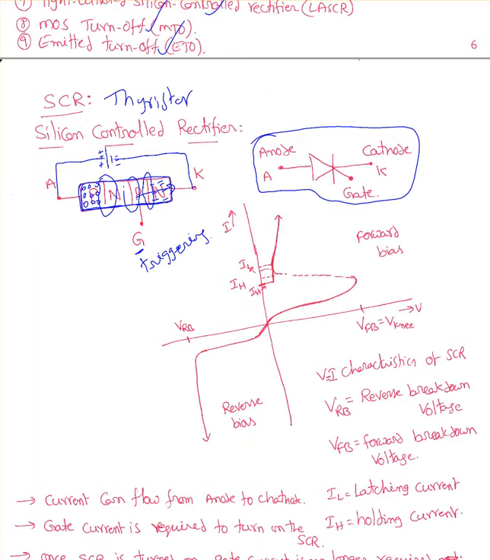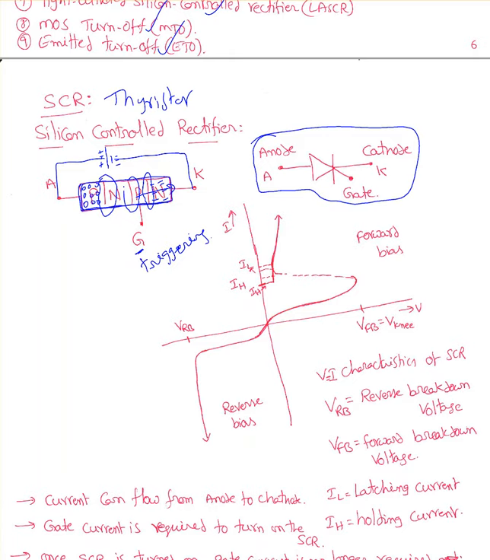Now it will start conducting current as long as the anode voltage is higher than the cathode voltage. Once I trigger, it doesn't matter whether there is a voltage across the gate or not, it will continue supplying energy as long as the anode voltage is above the cathode voltage.